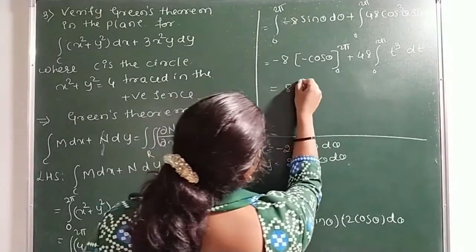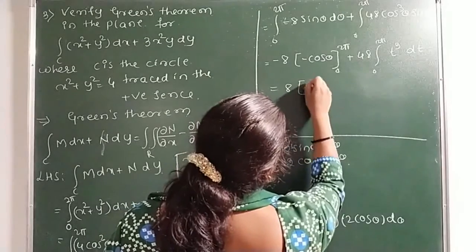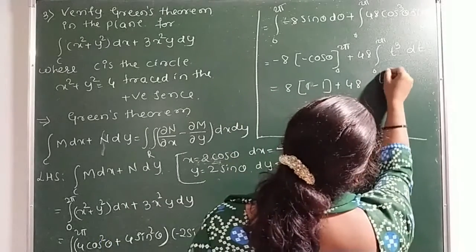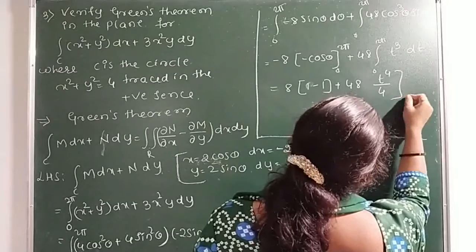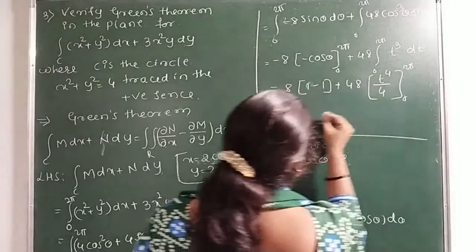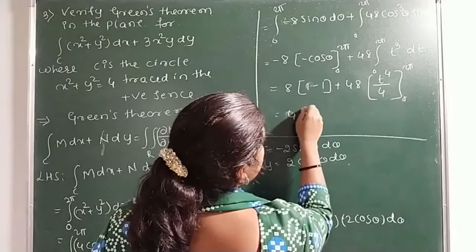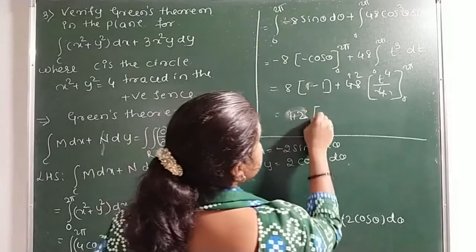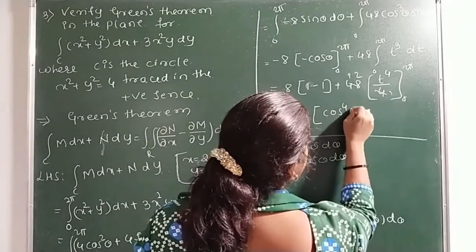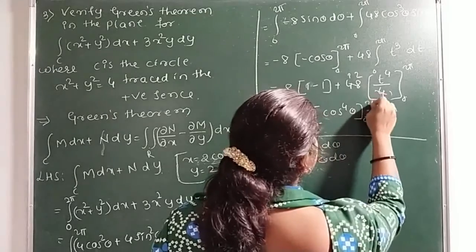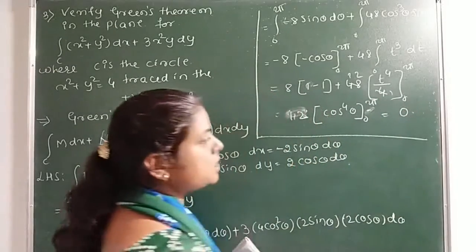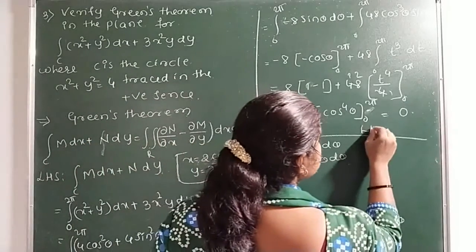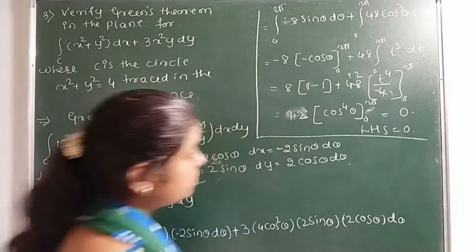Now this becomes 8 times (cos 2π is 1, cos 0 is 1) plus 48 times the integral of t³, which is t⁴/4, evaluated from 0 to 2π. Replacing t with cos θ, cos⁴θ from 0 to 2π, again this term becomes 0. Now the LHS becomes 0. The LHS is equal to 0.